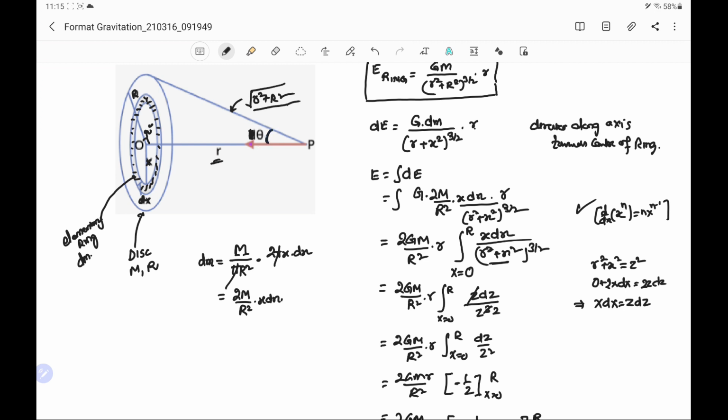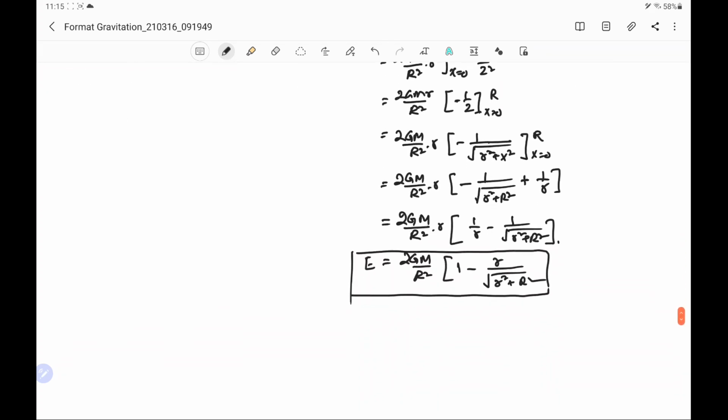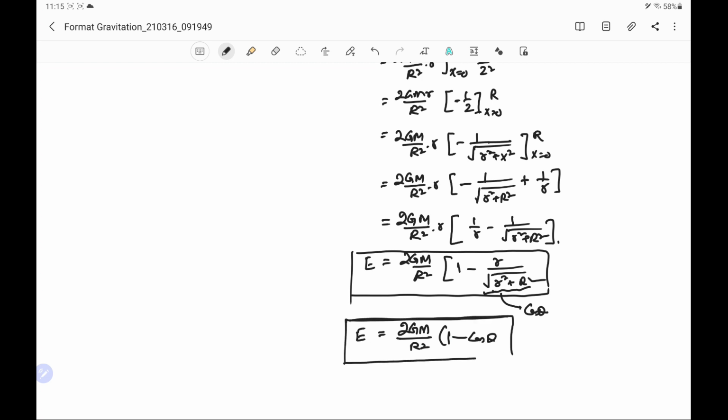So we can say cos theta is base upon hypotenuse. That means r by root of r square plus R square. This is basically cos theta. So we can write it as 2GM upon R square times (1 minus cos theta). This is the gravitational field at a point P, which is at a distance r from the center on the axis.